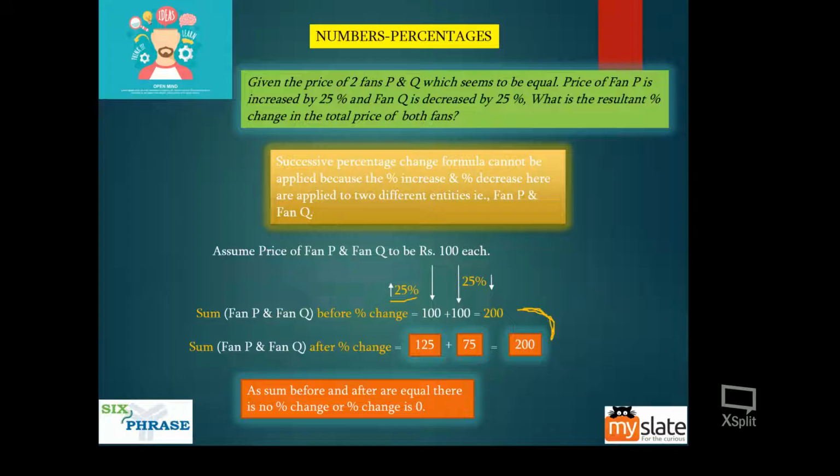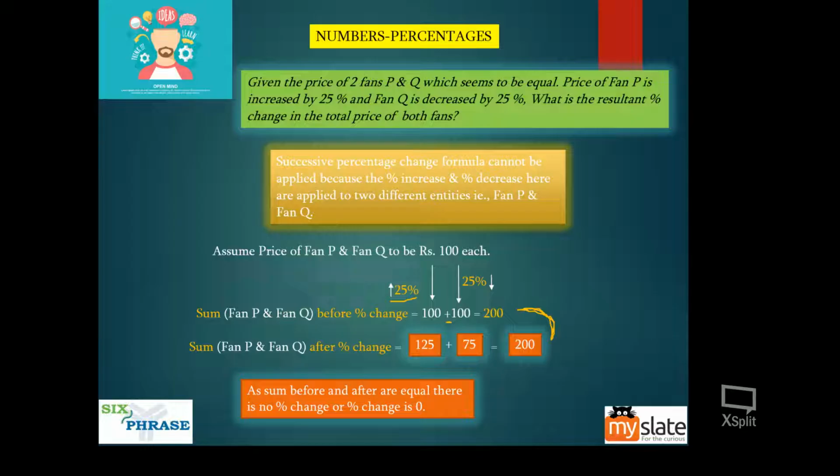Guys, this basically came out because of this plus sign. If you are wondering why in the previous problem we got a negative or positive change, but here we are not getting any change for an increase and decrease of 25 percent, the reason has to do with the plus sign. Had you applied the successive discount formula here, you would have got something negative.